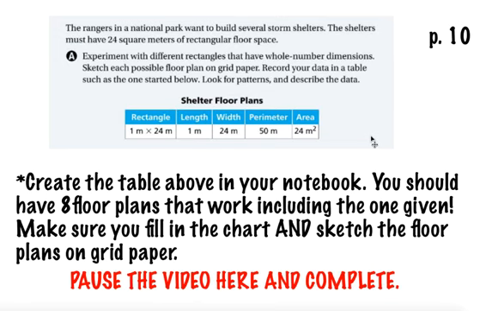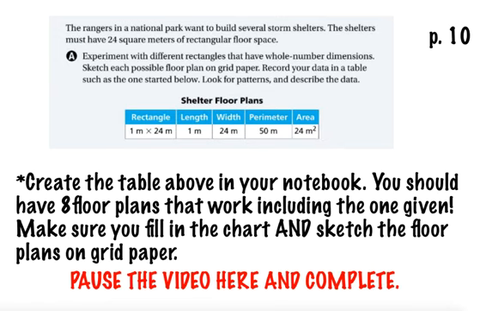Then remember, your length is 1. On both sides, you'd have 48 plus 1, which would give you this 50 for your perimeter. Area, remember we talked about the formula, length times width. So your 1 times your 24 is going to give you your 24.